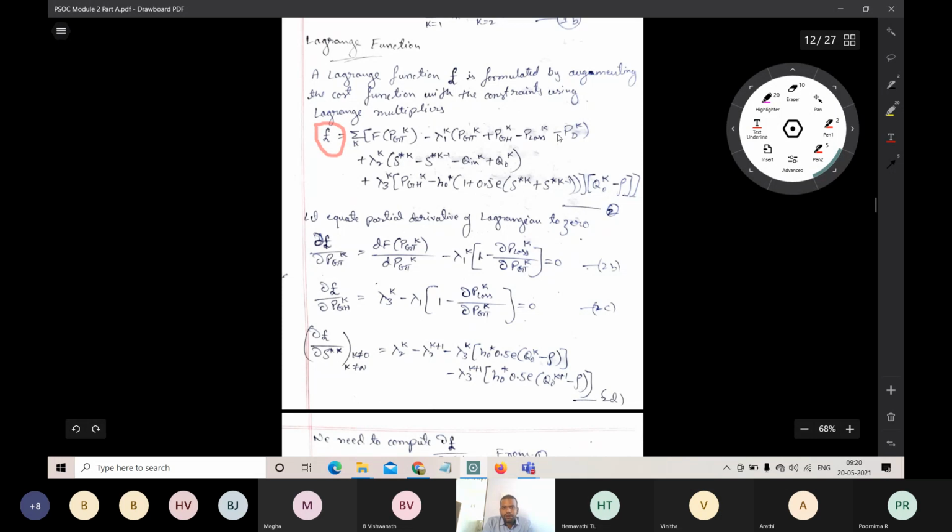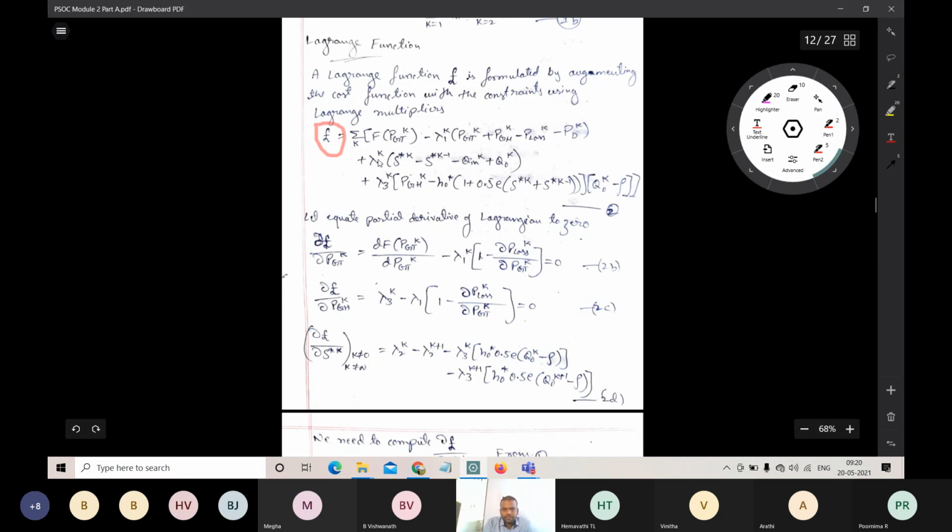If you differentiate all these terms with respect to PGTk, you will get dF(PGTk) by dPGTk as the first term, minus lambda 1k into (1 minus dou losses by dou PGTk), because PGH will not be observed here. I am not going to consider PGH because the only factor is PGT, so PGH is taken as a constant, and the derivative of a constant is 0.